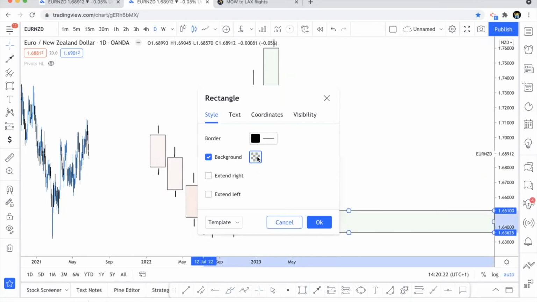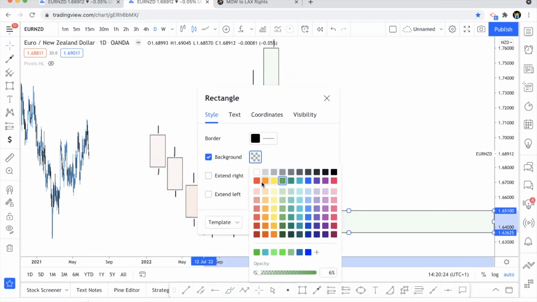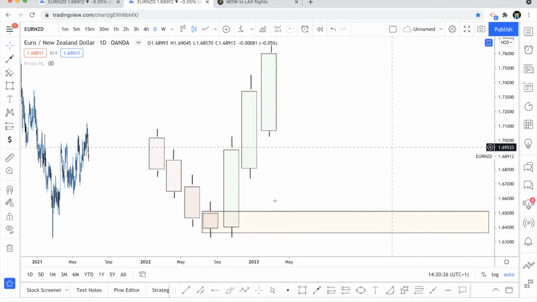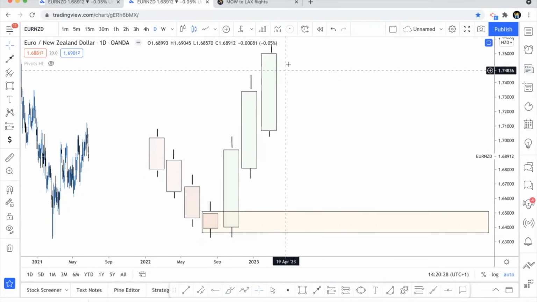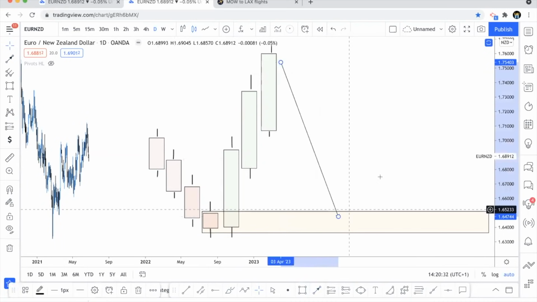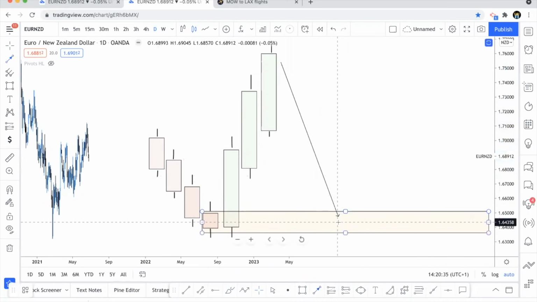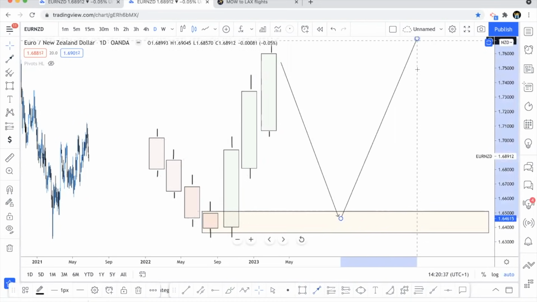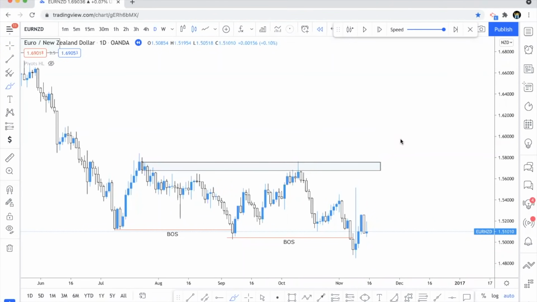And let's change this to something else, maybe orange. Okay, so this will be the last down candle before this major up move happens. And what we're expecting is for the market to come back here to mitigate before we can take a buy here.